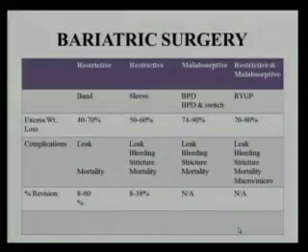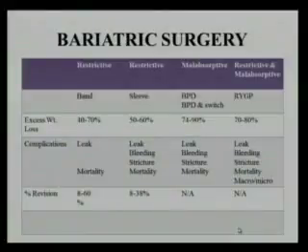However, not everybody can get bariatric surgery. We have restrictive surgery, malabsorptive, or restrictive-malabsorptive. As y'all know, Roux-en-Y gastric bypass is the most commonly used now. Excess body weight loss is up to 70 to 80%.